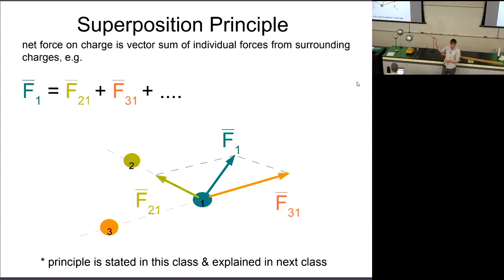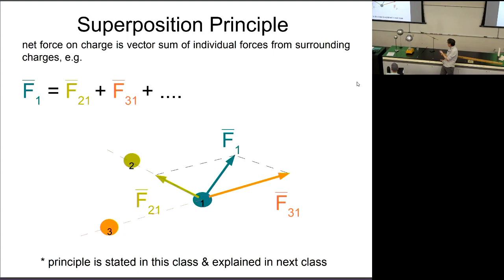How do they combine together? How do they superimpose together? That's what the superposition principle is about. The superposition principle says that the resulting force, the total force on charge number 1, is the vector sum of the force due to this individual charge, which is the arrow on the left here, plus the force due to this charge here, which is the arrow on the right.